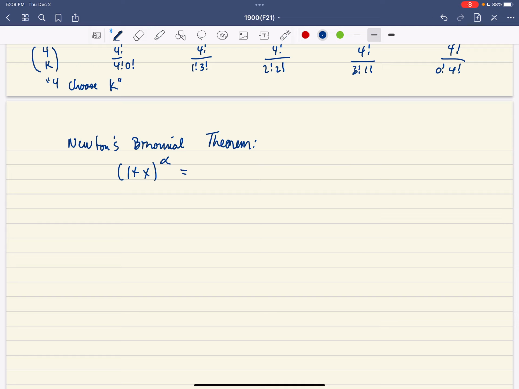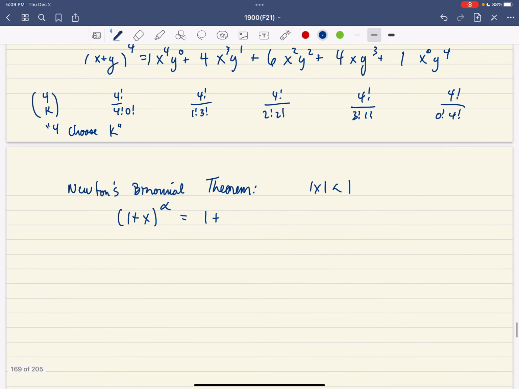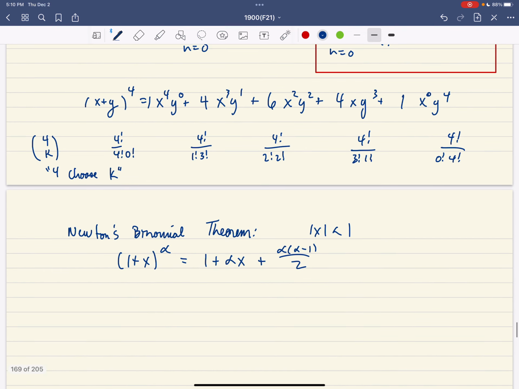And it turns out what you get, at least for x values between -1 and 1, is 1 plus alpha x plus alpha times alpha minus 1 over 2, which is basically what we got here.